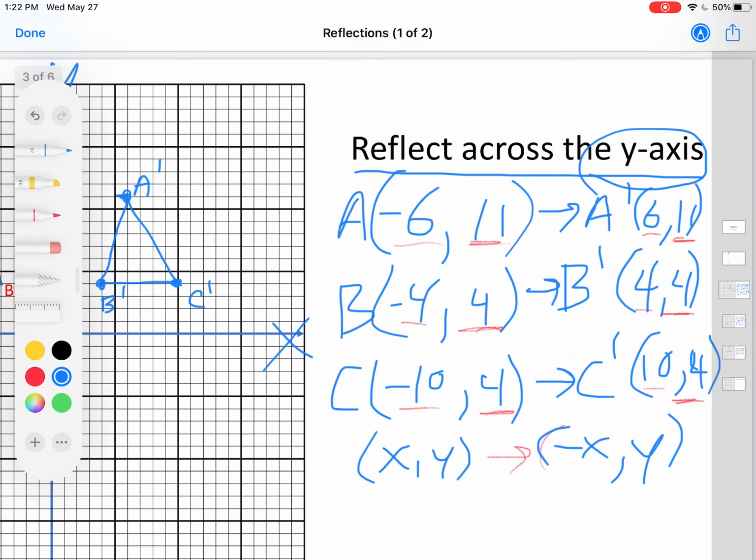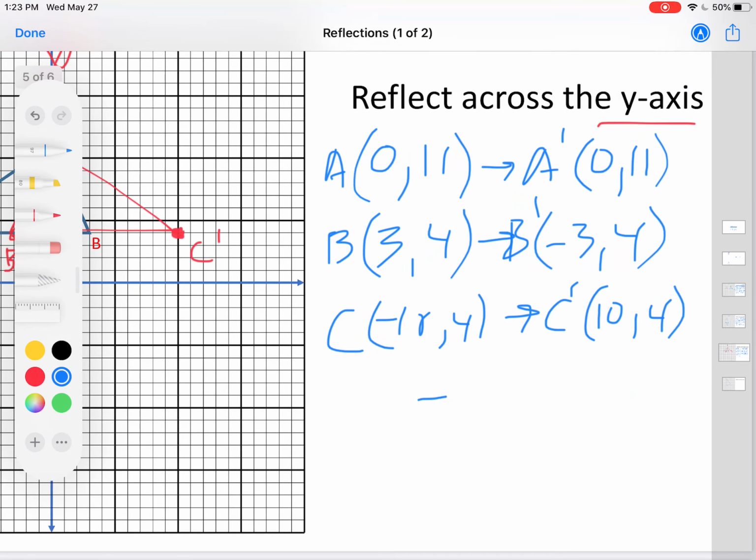The rule for y-axis was opposite x, regular y. Opposite x, regular y. Did that work here? Well, what's the opposite of -10? +10. Works out, and 4 is 4. Opposite x, positive y. Opposite of +3, -3.